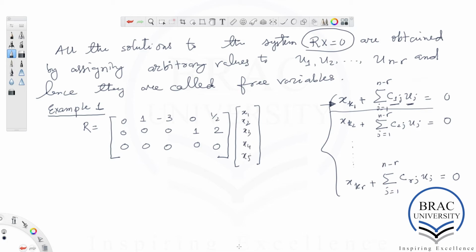Okay. So the number of columns of the first matrix has to be the same as the number of rows of the second matrix. So the second matrix has to consist.